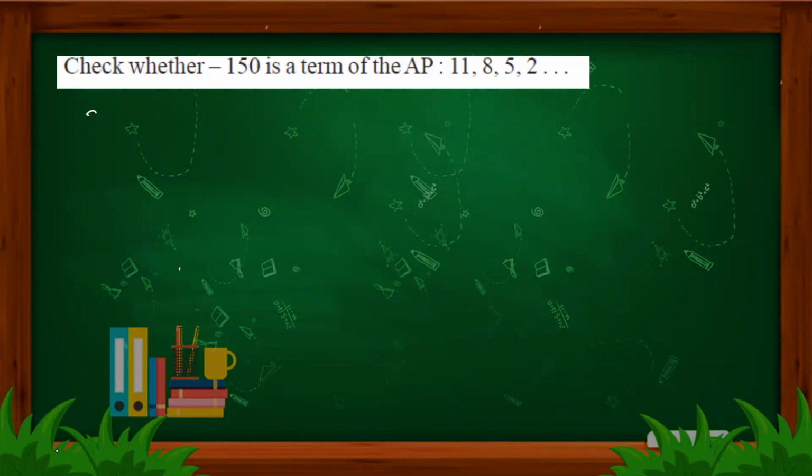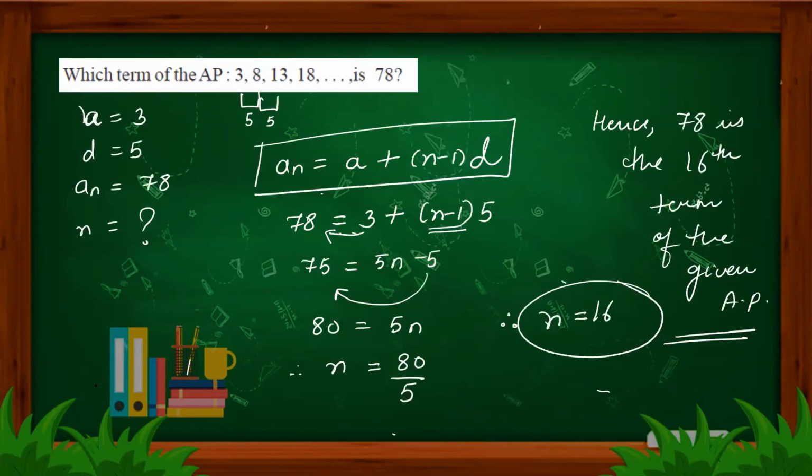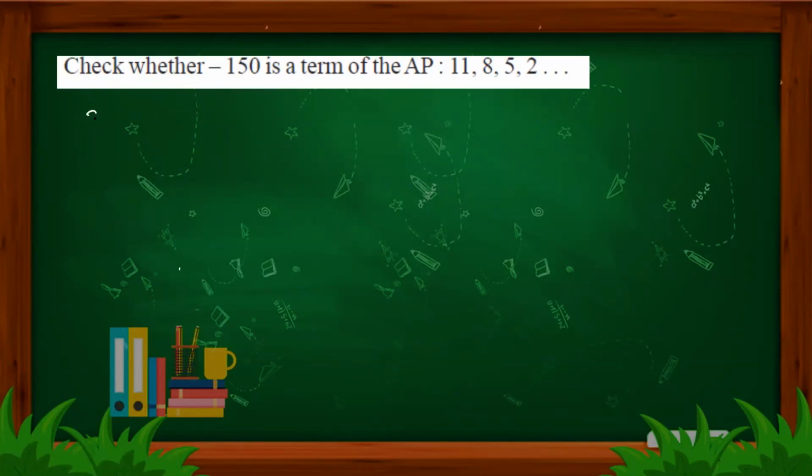N is the number of the term, and the number of the term N will always be a whole number. N can never be a fraction, and N can never be a negative number, right? N will always be a whole number.